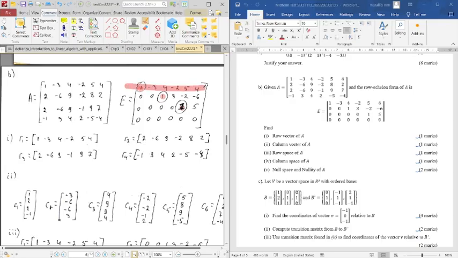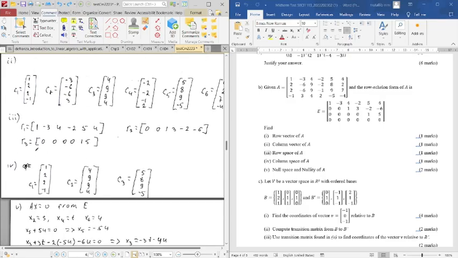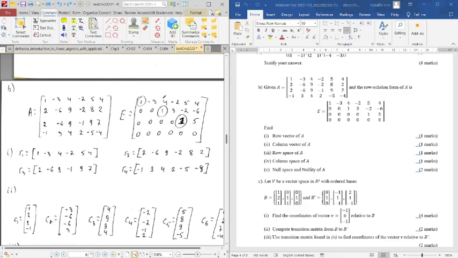So one row space, we have this, second row space, and third row space. In the fourth row we can see it's all 0, so it doesn't have a row. It's not considered as row space because it doesn't have any number except 0. It's all zeros. So our row space will be R1, R2, R3, this row, this row, and this row.